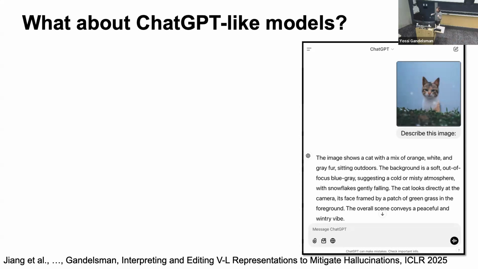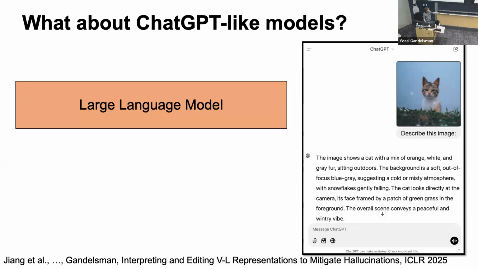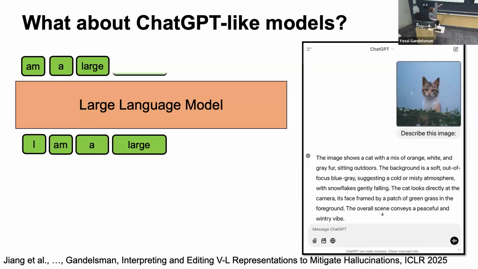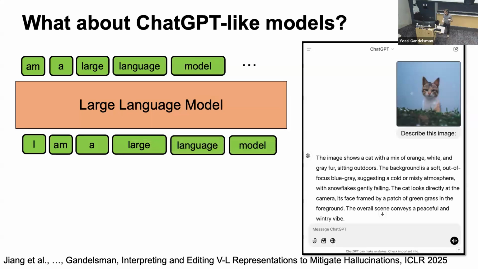And actually, if you think of it, this model is basically a large language model that works in an autoregressive manner. It takes a word and predicts the next one, and then brings it back, predicts the next one, and brings it back and predicts the next one. And this way it generates text, right? But how can this model even take images in? We know that this is an LLM, but how can we enter images?